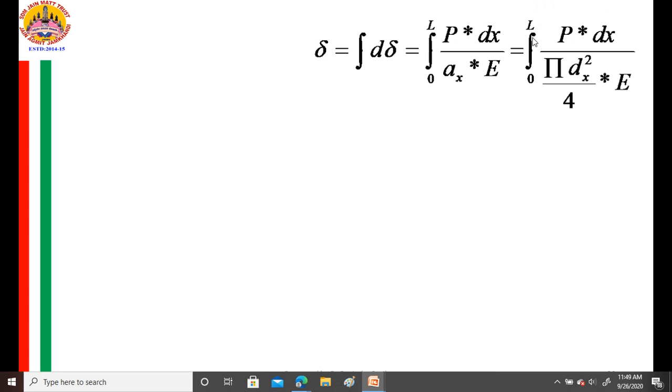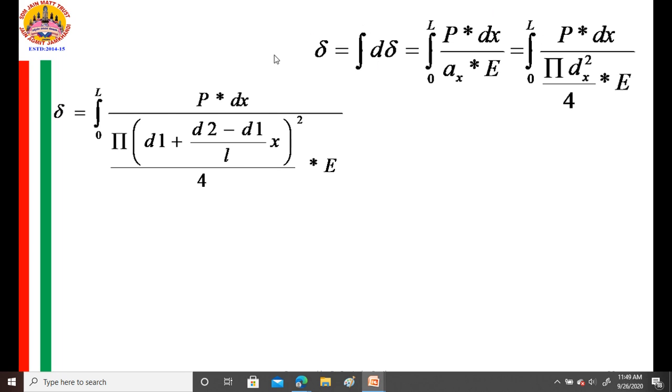So it is 0 to L 4P, 0 to L 4P. Here I have substituted the value of dx. dx is d1 plus (d2 minus d1) divided by L into x. This we have already seen in the previous case also.